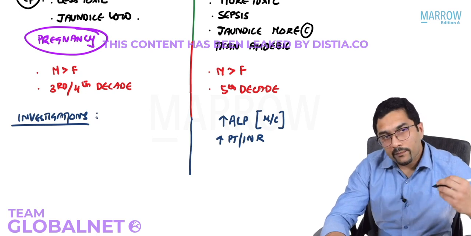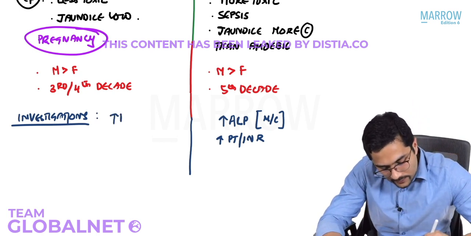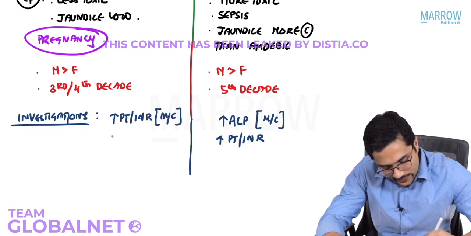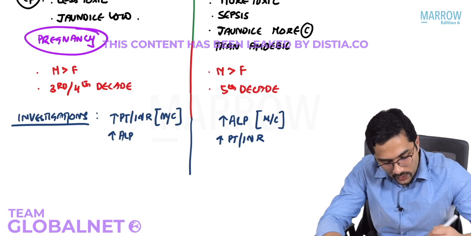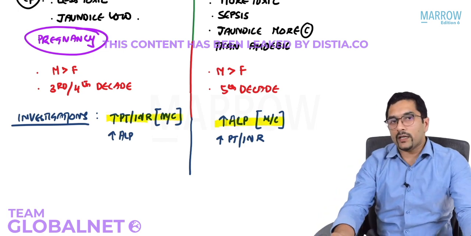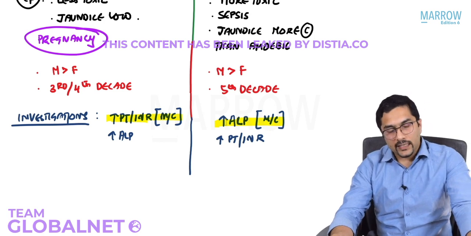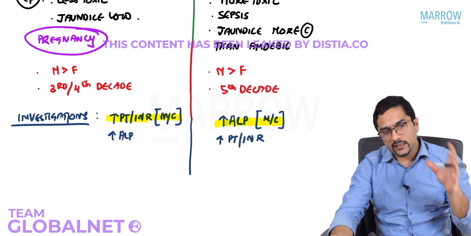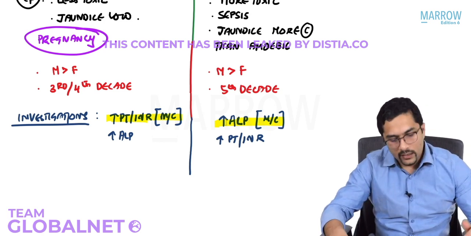If we talk about amoebic liver abscesses, increase in PT-INR is the most common problem seen here. There can be increase in ALP also, but most common for amoebic is increased PT-INR, and most common for pyogenic is increased alkaline phosphatase. There is some bit of controversy here. Different books write different things, but this is what we are going to follow for the exam.